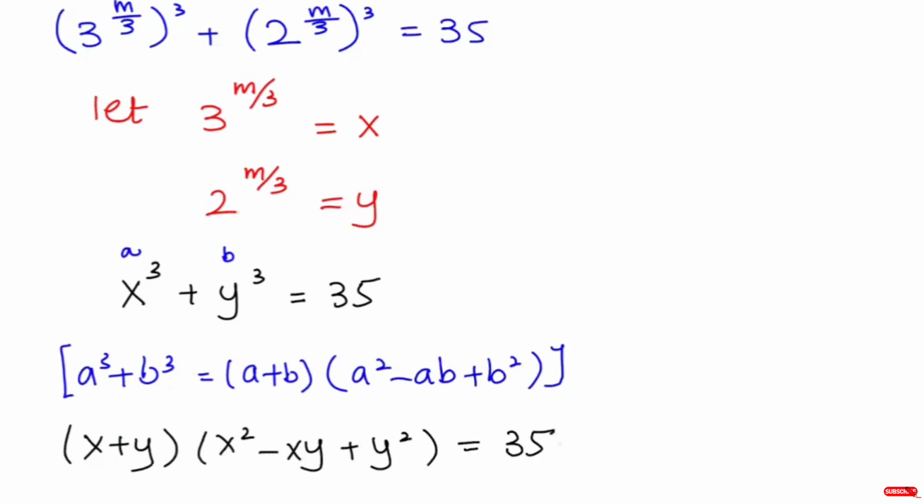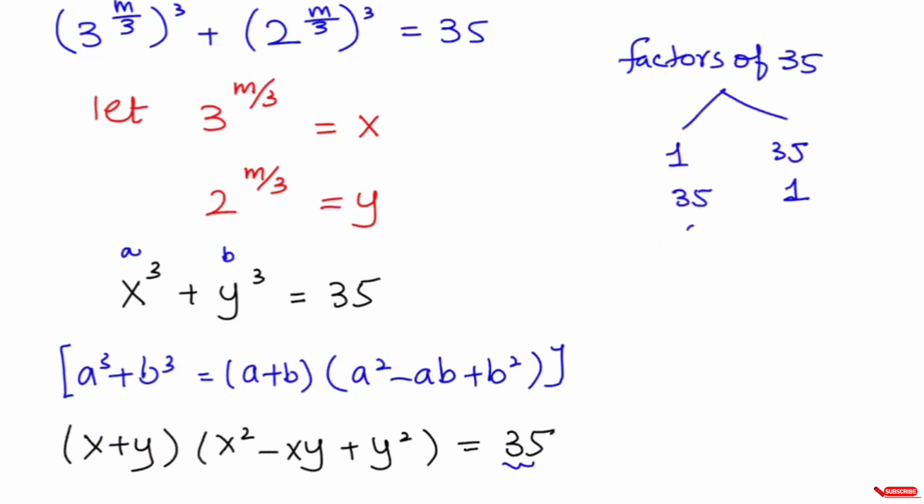Now here I'm going to take factors of 35. For the factors of 35, we have 1 times 35 gives us 35, and 35 times 1 gives us 35, and 5 times 7 and 7 times 5 give us 35. Before taking the factors, I'll point out that x plus y is less than x squared minus xy plus y squared.